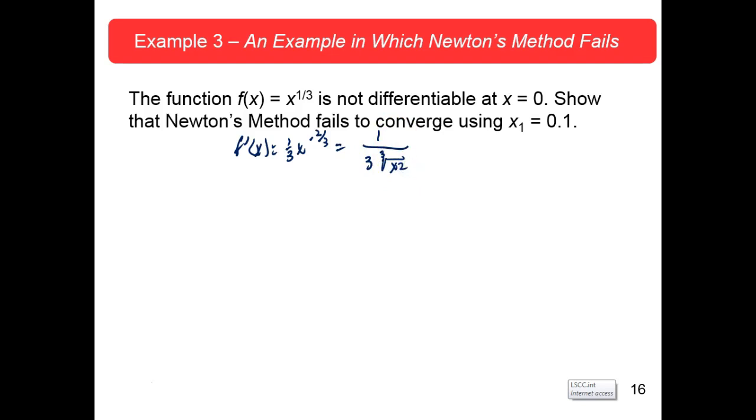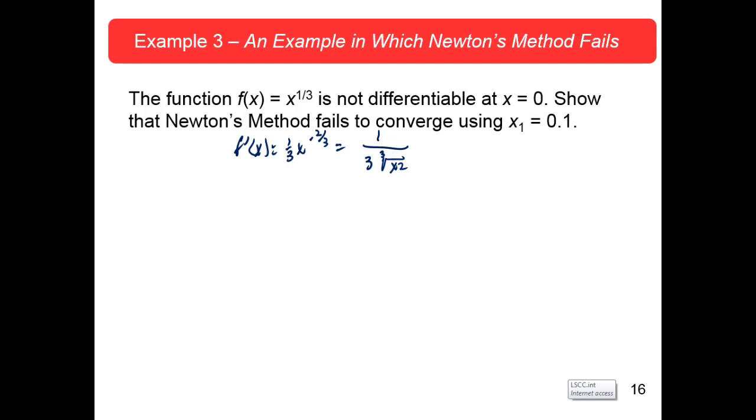And when x equals 0, x squared is 0, the cube root of 0 is 0, 3 times 0 is 0. You can't do it. Okay, you cannot do that. It does not exist, not differentiable at x equals 0.